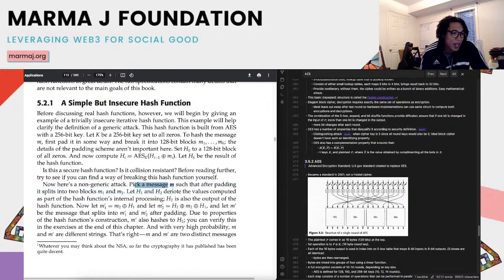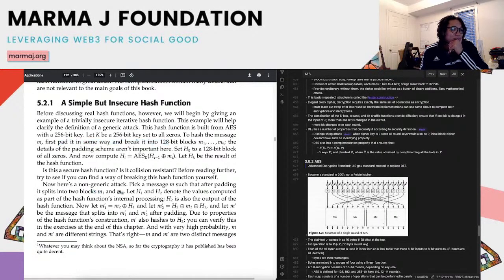Pick a message M such that after padding, it splits into 2 blocks, M1 and M2. I'm not clear what they're talking about.